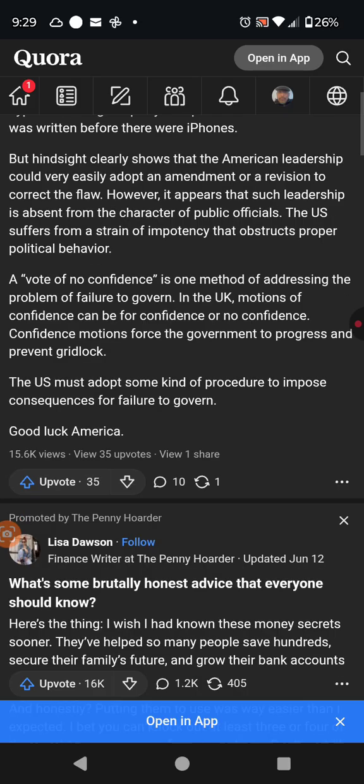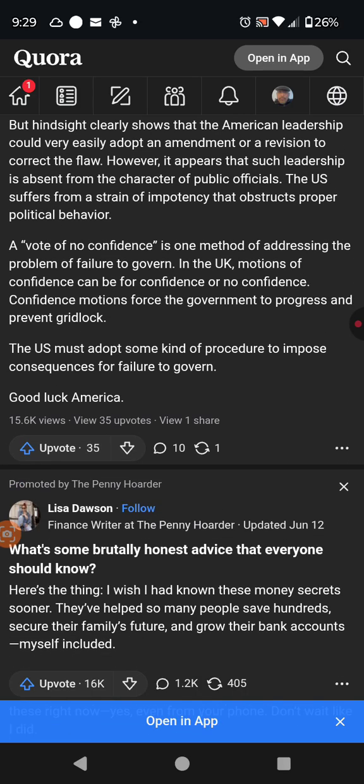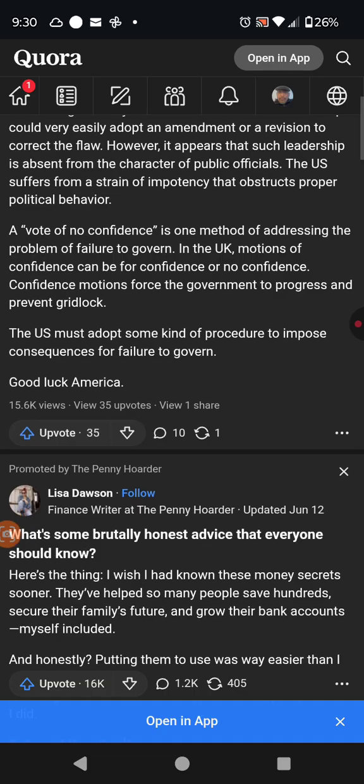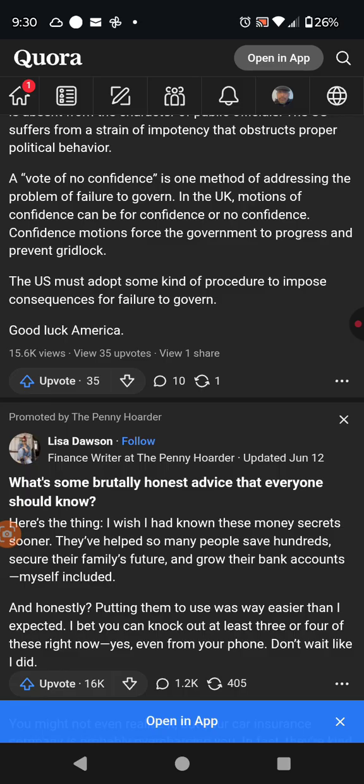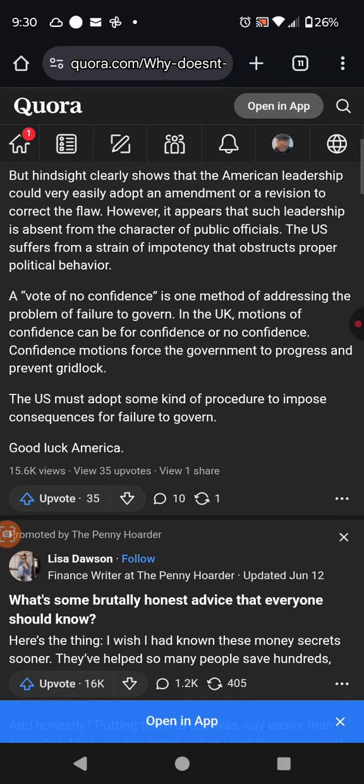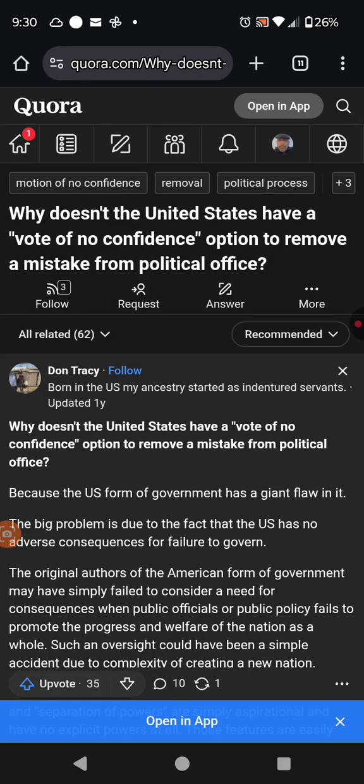A vote of no confidence is one method of addressing the problem of a failure to govern. Confidence motions force the government to progress and prevent gridlock. The U.S. must adopt some kind of procedure to impose consequences for failure to govern. Just food for thought, my friends.